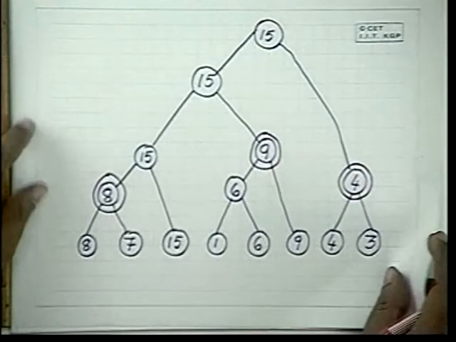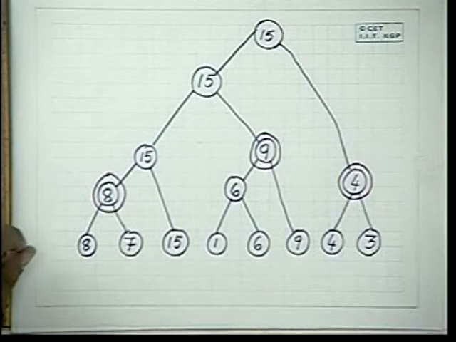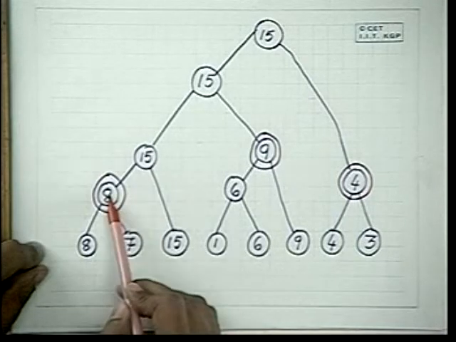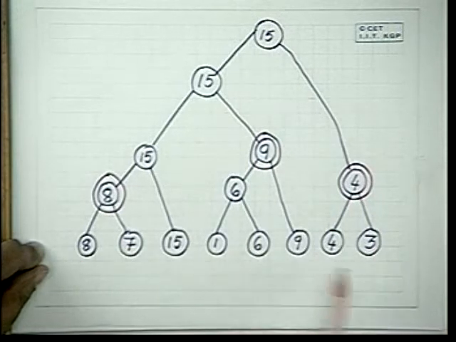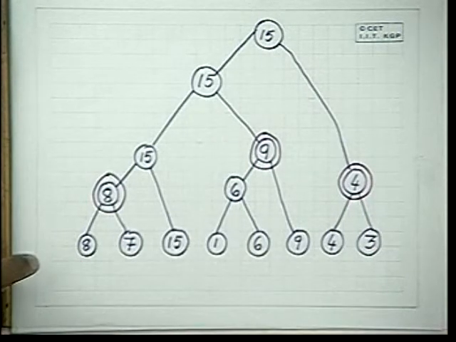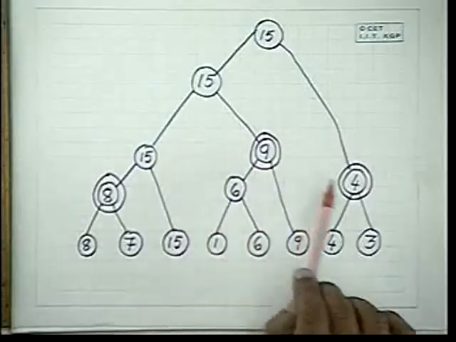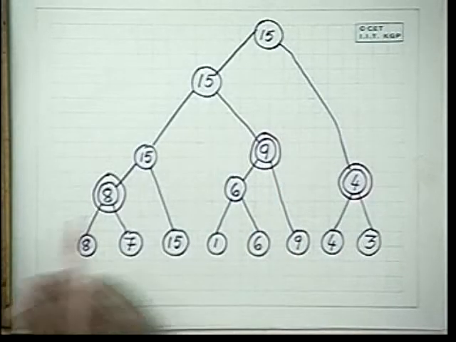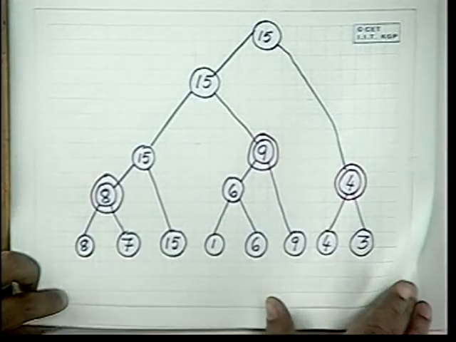If it is like this, then only these elements have to be compared. This one, and this one. Leaves, it's not necessary that leaves have to be compared. Now can you tell me what decides the number of elements that are to be compared to find the second largest?